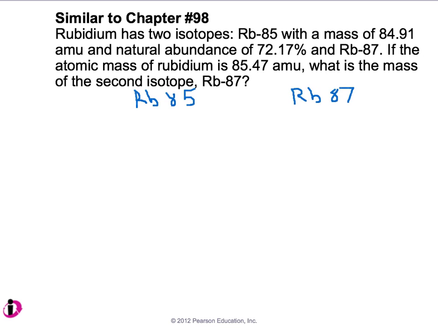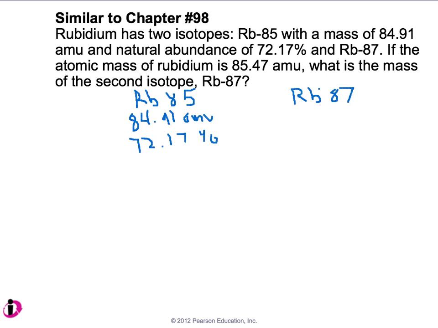All the info they give us has to do with rubidium-85. They tell us the mass of it, and they're also telling me how much we find in nature: 72% of all the rubidium is this first kind. For rubidium-87, they don't tell us anything about it, so that's our unknown here.